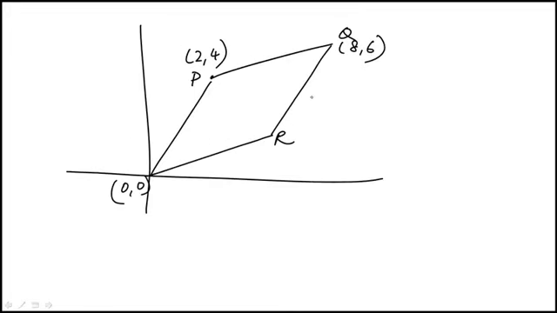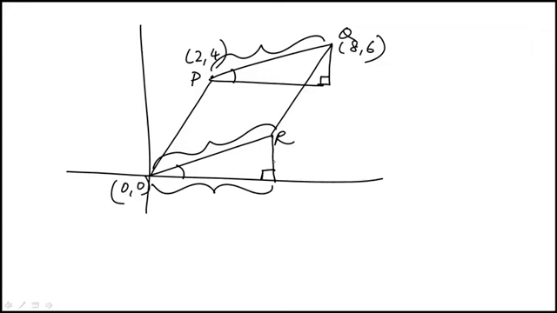Another way to do this parallelogram problem would be to recognize that if I draw a right triangle like this, and I draw another right triangle here, this angle and this angle are identical. And because these two sides of the parallelogram are identical, then these two are also identical, and these are identical, meaning these two triangles are exactly identical.